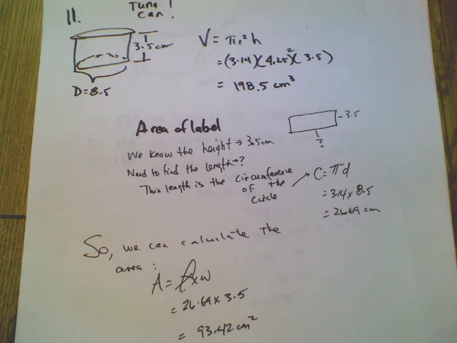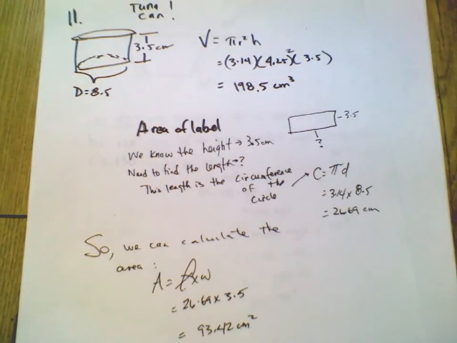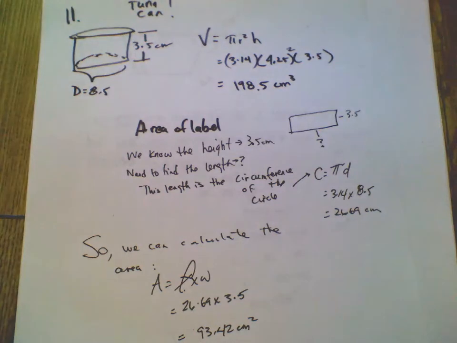Now to find the area of the label, that is a little bit tricky, okay? So we know that the height is 3.5, and if you look at my picture to the right there, I've kind of shown you that. If I were to cut that label and unroll it, it looks like a long rectangle, doesn't it?